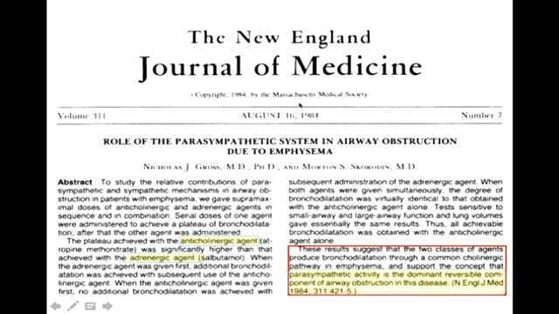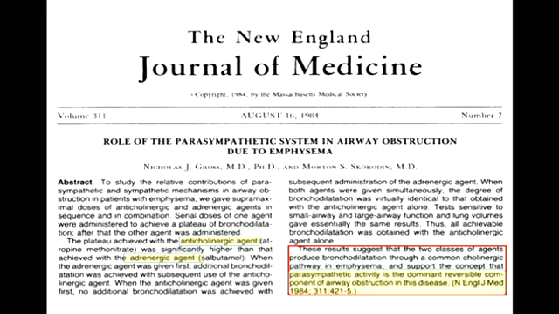Gross proposed, based on good quality research, that COPD patients preferentially benefited from an anticholinergic agent, but responded poorly to the newly developed beta agonists, salbutamol, which was introduced into clinical practice in 1979, so a very fresh drug at that time. This set the concept that parasympathetic activity is the dominant activity in the COPD lung.